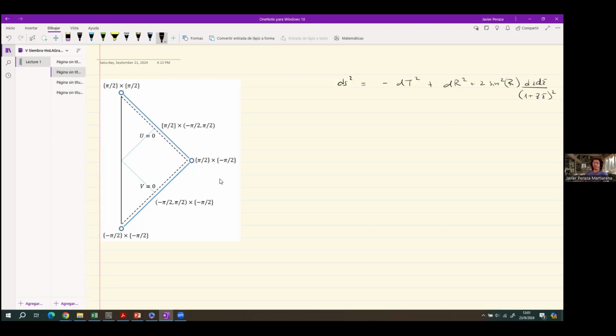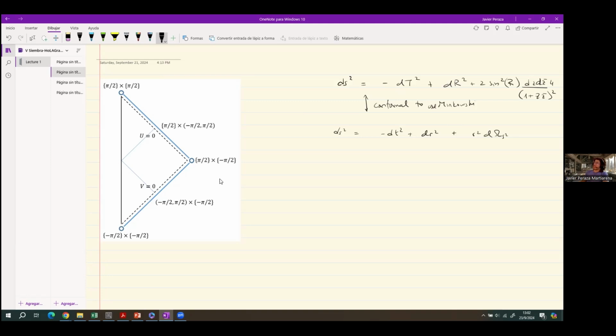So here we have the metric. This metric is conformal to the usual Minkowski one. So we will have minus dt squared plus dr squared plus r squared dΩ squared. This is conformal by a conformal factor that you can compute by yourself.